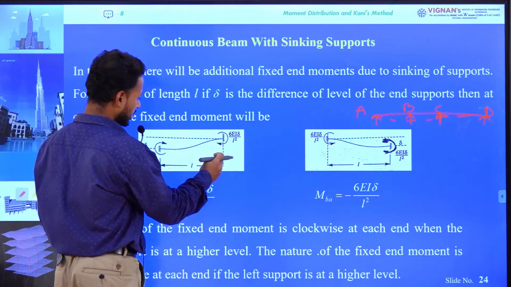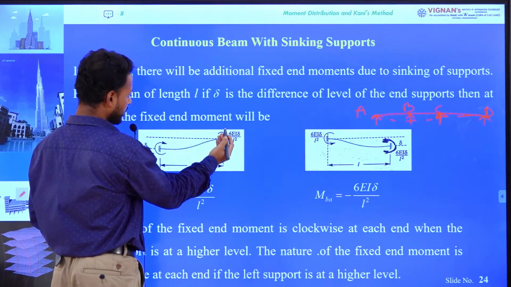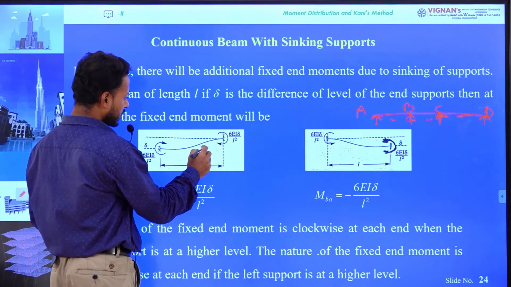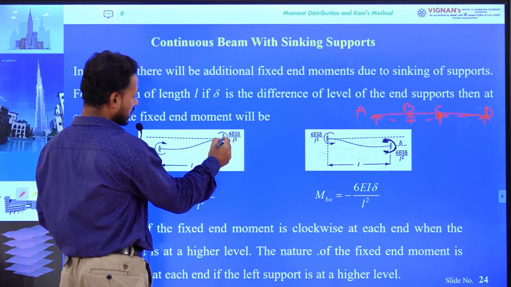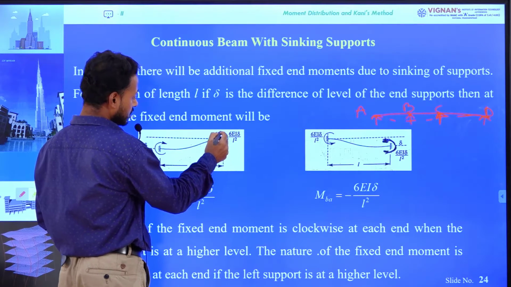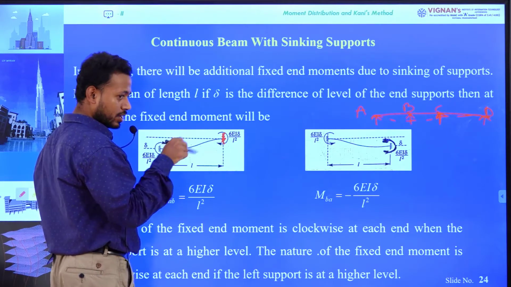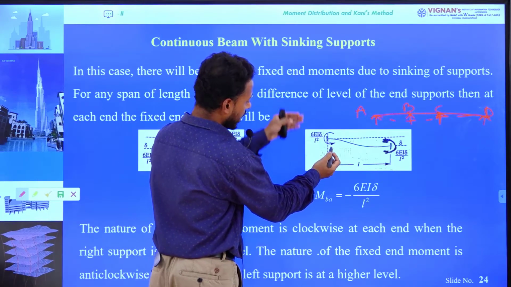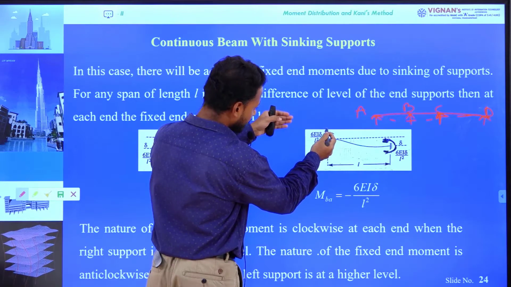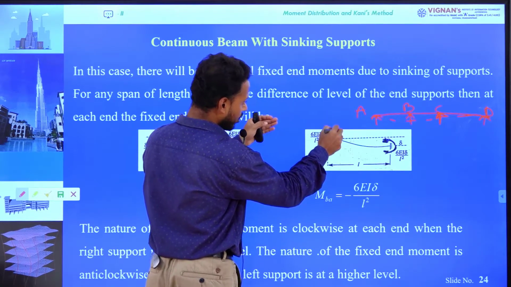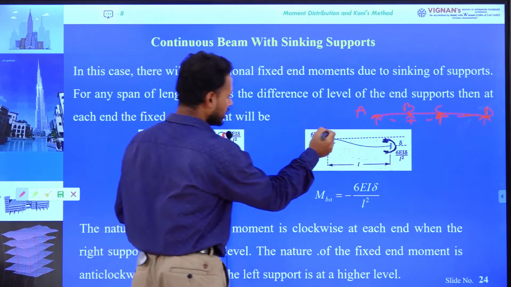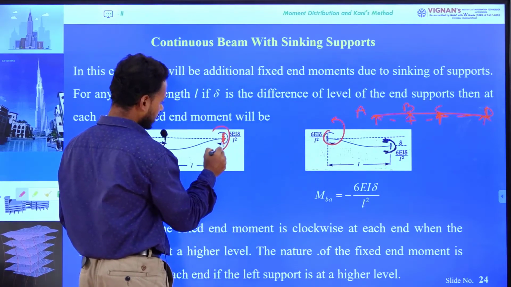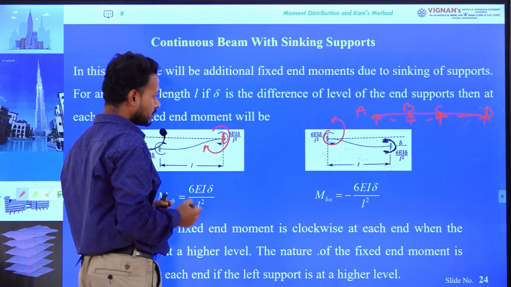Here in the first figure, the right support is at higher level and the left support has sunk by an amount delta. So, if the right support is at higher level, the beam will be subjected to a clockwise moment, and if the left support is at higher level, the beam will be subjected to an anti-clockwise moment. It is like this anti-clockwise moment, and it is like this clockwise moment.